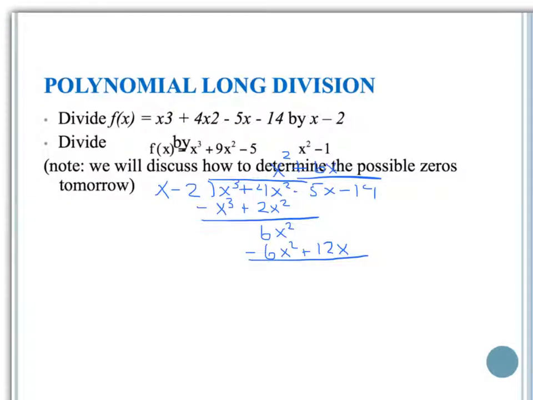The 6x squareds cancel. I now have negative 5x and positive 12x, so that sounds like 7x. So x times what gives me 7x? Well, that would be positive 7. So 7x, and then minus 14.